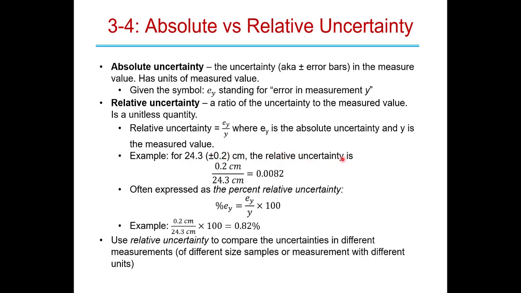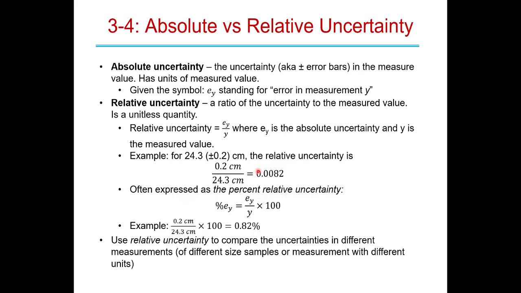So to calculate the relative uncertainty in this number, we're going to take the uncertainty, 0.2, and divide that by the measured value, 24.3. And then we get this fraction, 0.0082, without units. So it is a unitless quantity. Often we will express this as percent relative uncertainty.